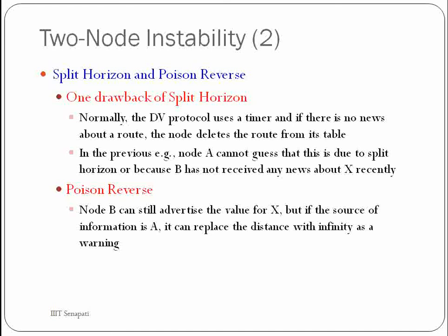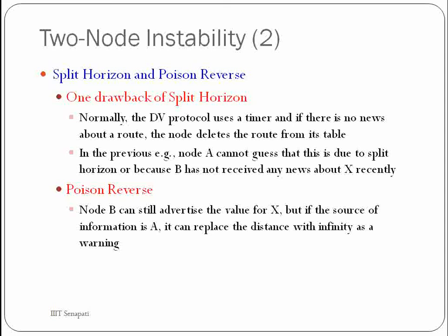As in split horizon, we decided that we will not send that piece of information, so if there is no news about that route, they will delete that route. So in the previous example, node A cannot guess whether this is due to split horizon, or because B has not received any news about X recently. It has no information.